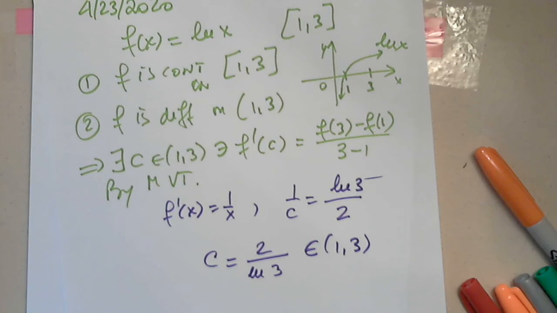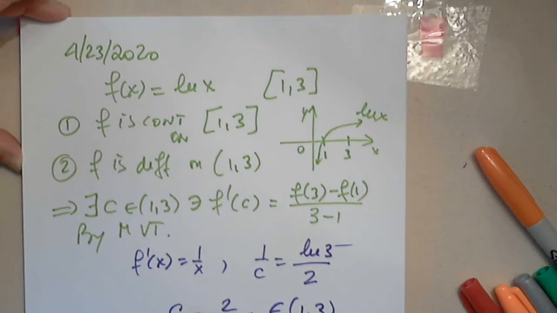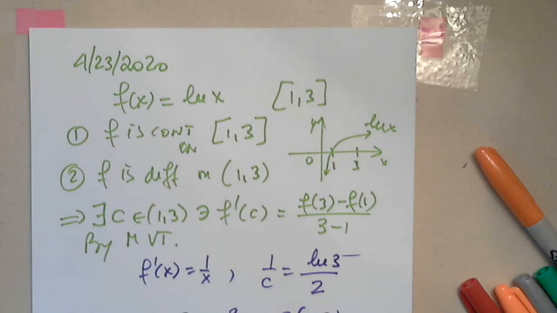That's why it didn't take. I see you put in 1.82. It wants 2 over natural log 3, because 1.82 is an approximation. 2 over natural log 3 is exact. Okay. All right. Thank you. That's okay. Very good.